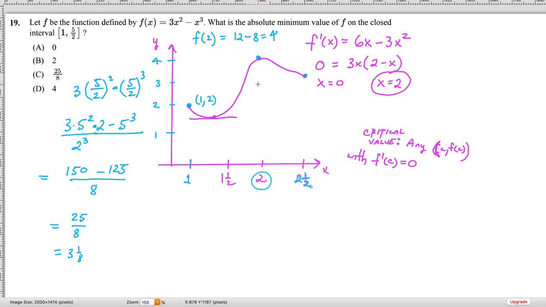But there was only one x value that made the derivative 0, this point right here, which means that f can change its direction at most one point, that point right there. So it has to look like this. There's no way it could look like anything else. And that guarantees that 2 is the minimum value on that interval.